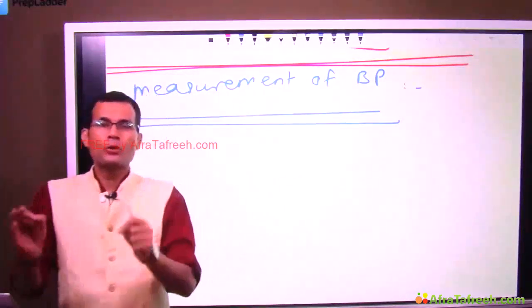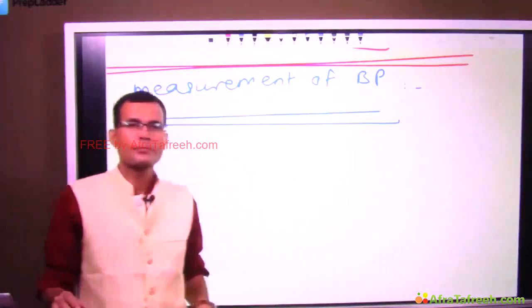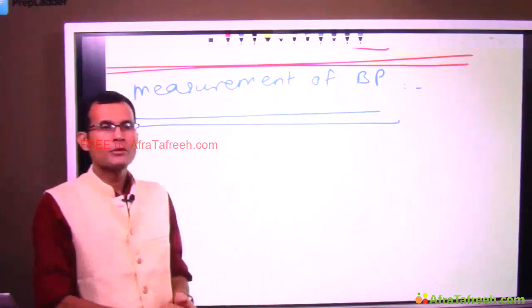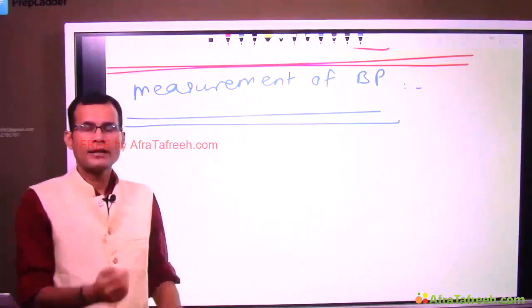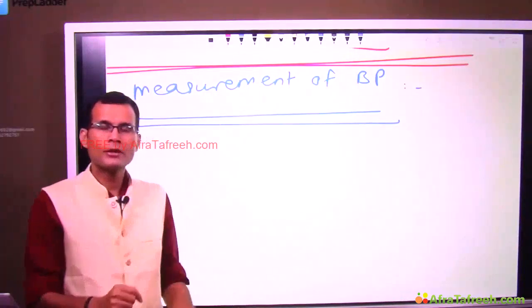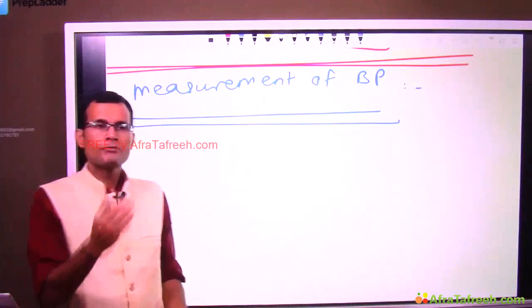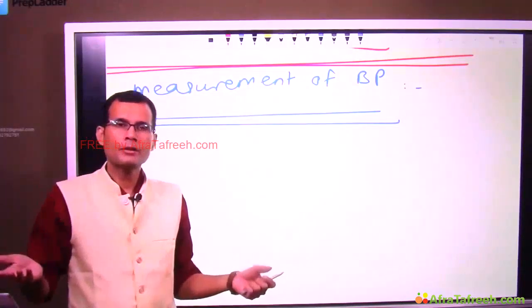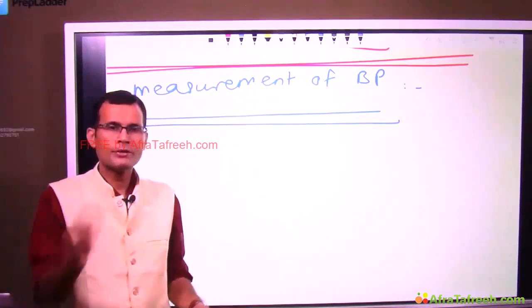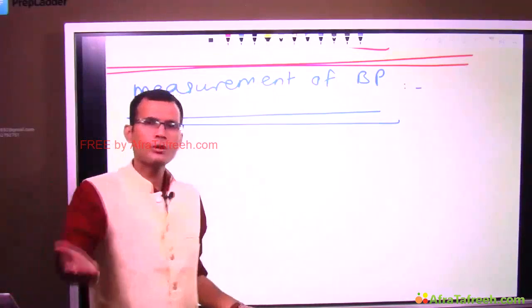What will be your recordings? And the options are: sphygmomanometry will give a higher pressure as compared to the intravascular catheter. Sphygmomanometry and intravascular catheter will give the same blood pressures. So look, intravascular catheter connected to the manometer.